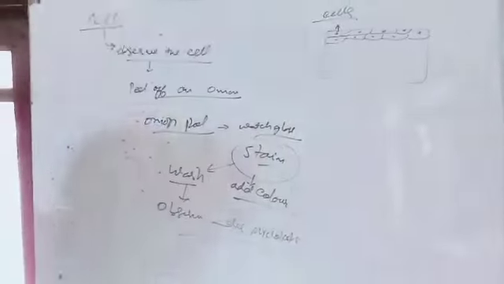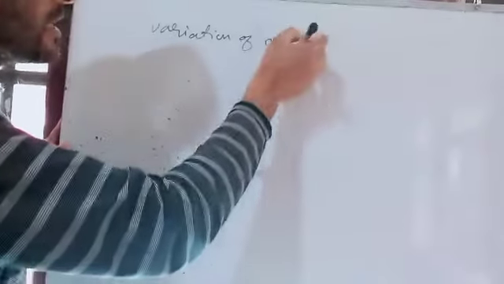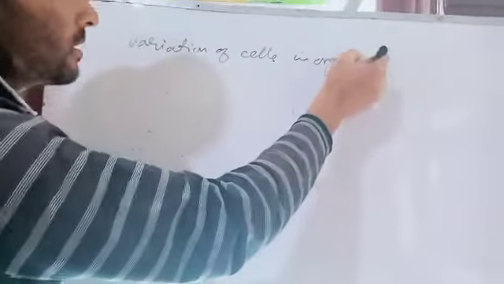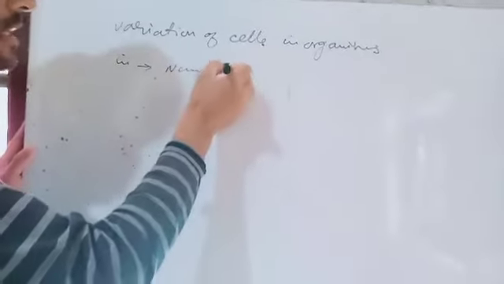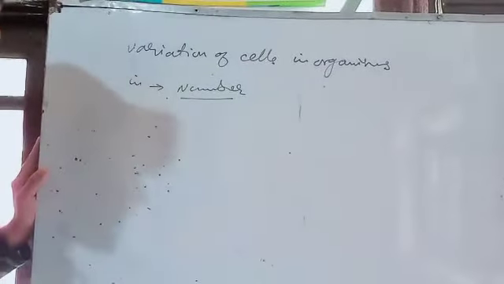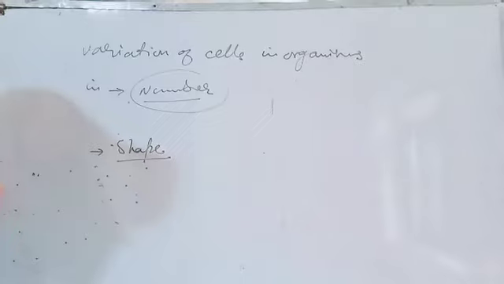Now in different types of organisms, the cells vary in their number, shape and size. First, the number of cells varies in different organisms. Next, the shape of cells varies.